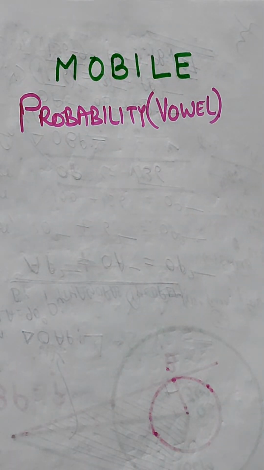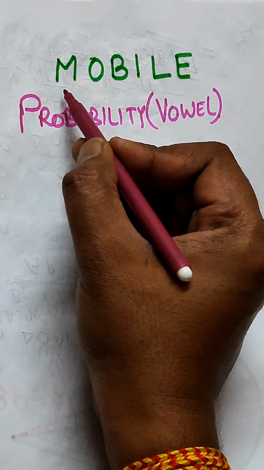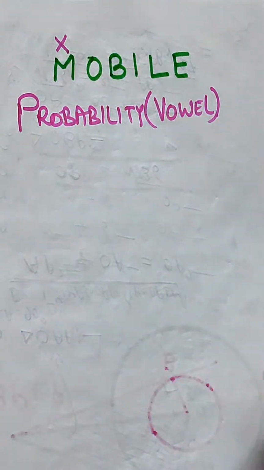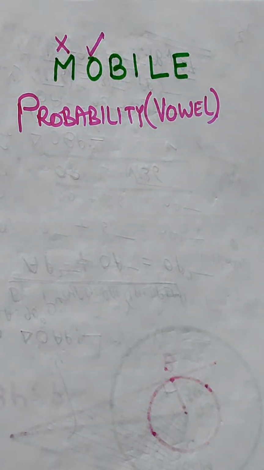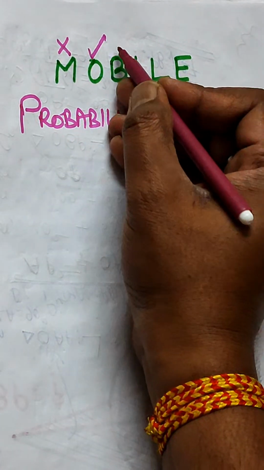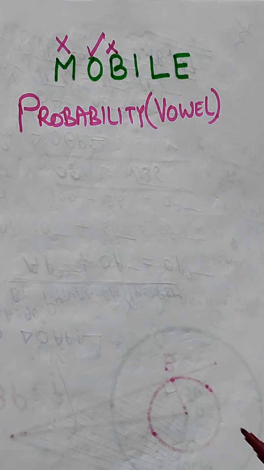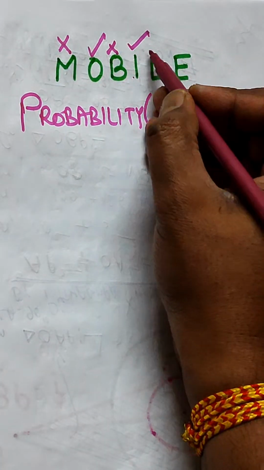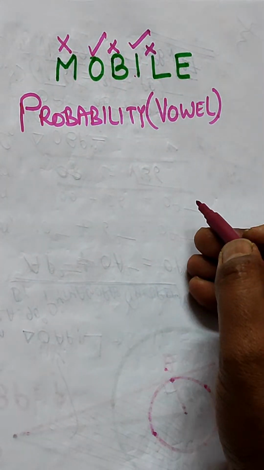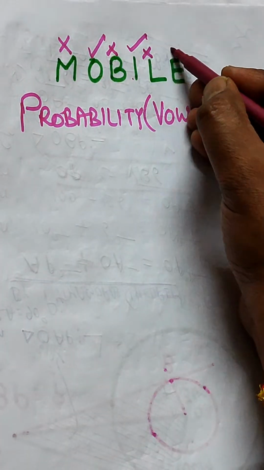So here you can see, is M a vowel? No. So this will not be taken. O a vowel? Yes, this will be taken. B is not a vowel, so it will not be taken. I is a vowel, so this will be taken. L is not a vowel, this will not be taken. E is a vowel, this will be taken.